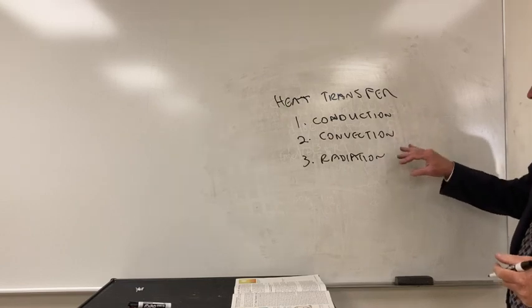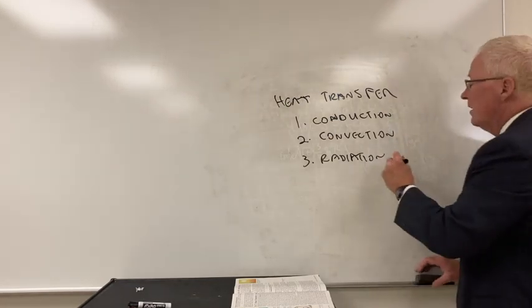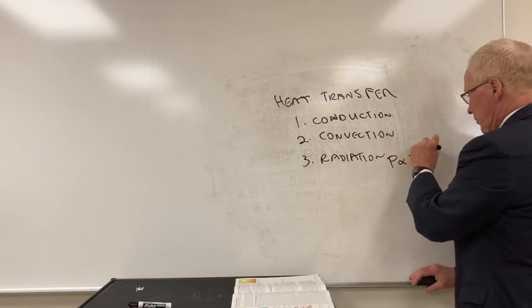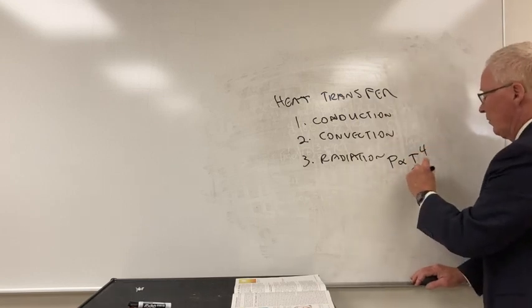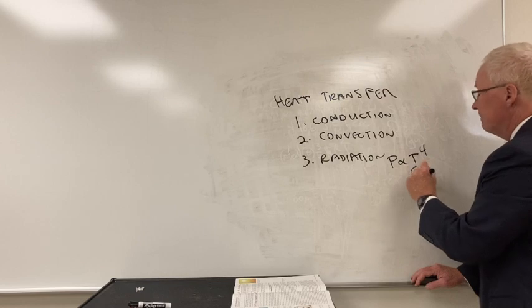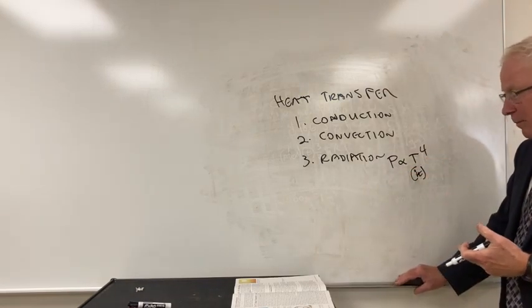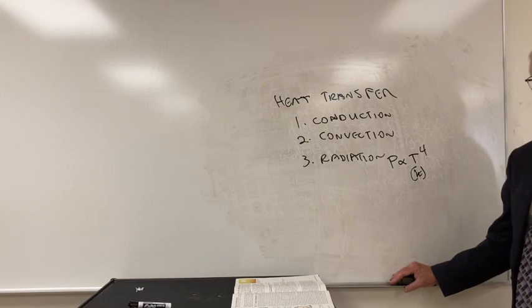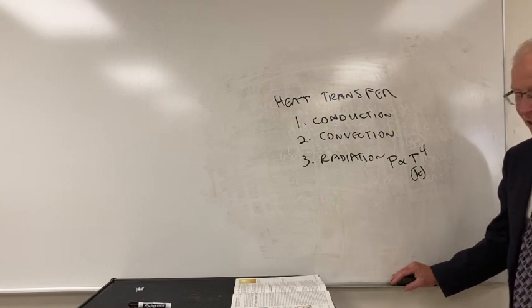The only one where we have a real quantitative number is the power radiated is proportional to the temperature to the 4th power, where this is in degrees Kelvin. So if you double the temperature, the power radiated will be 2 to the 4th, which would be 16.